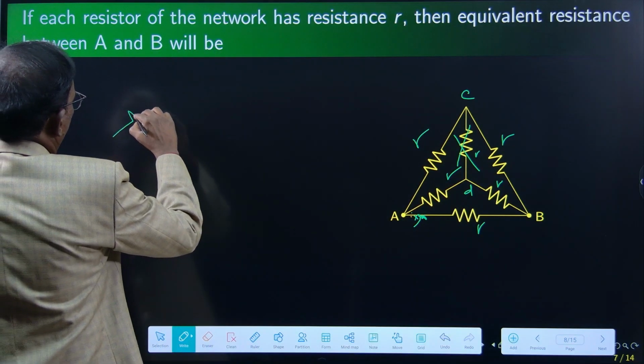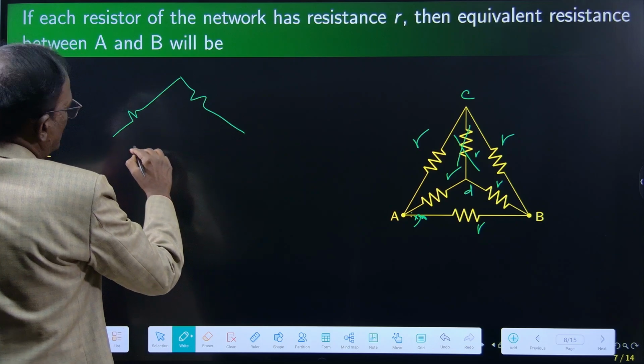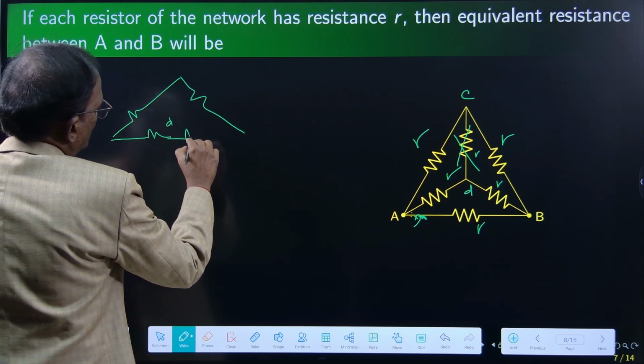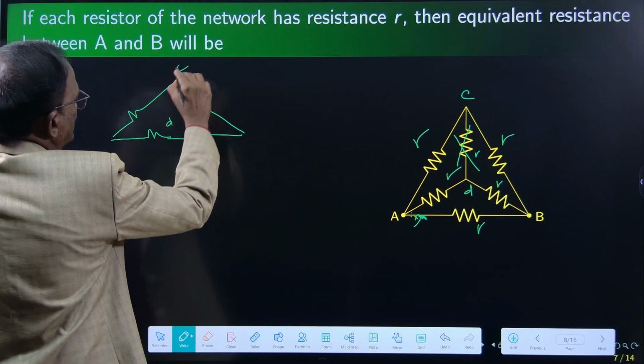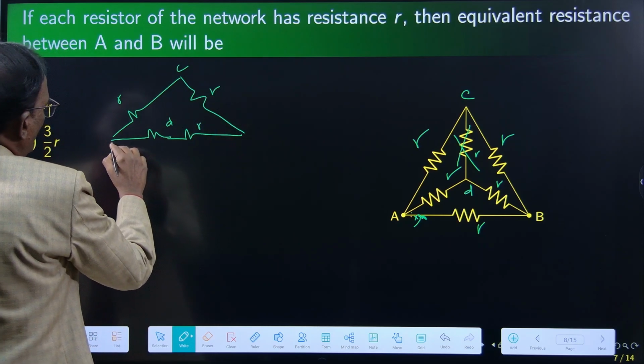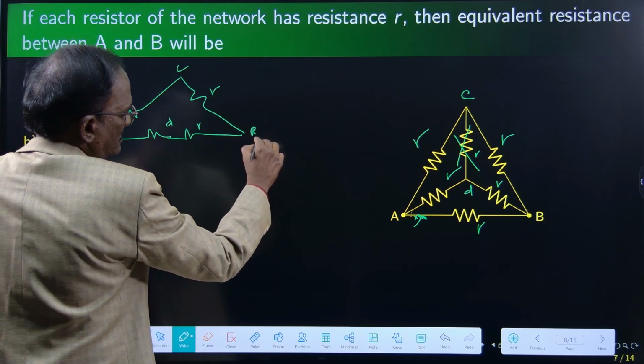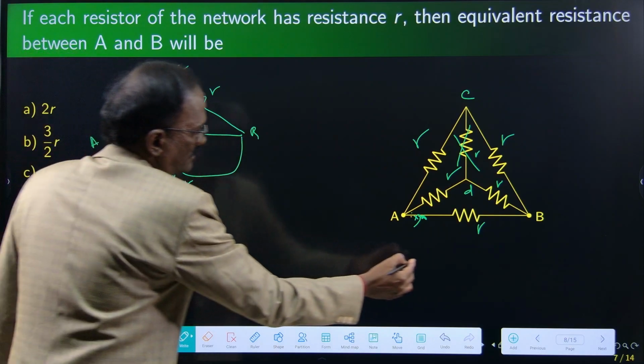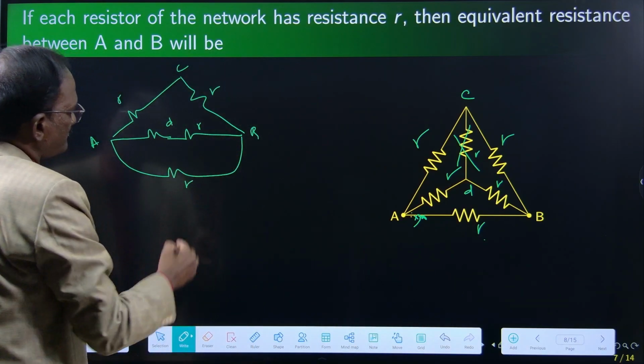Let me draw it. R, another R, this is D, R, this is C, then this is the bottom R, the last one.